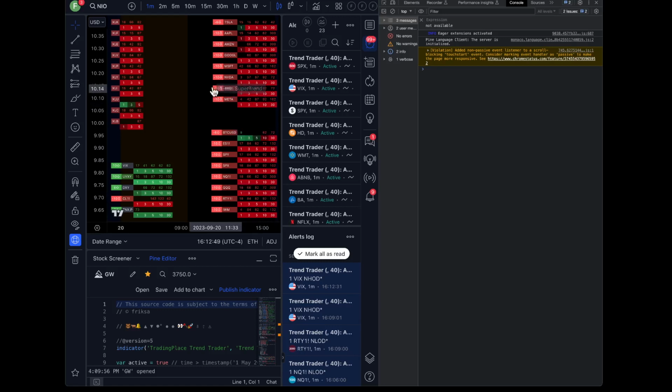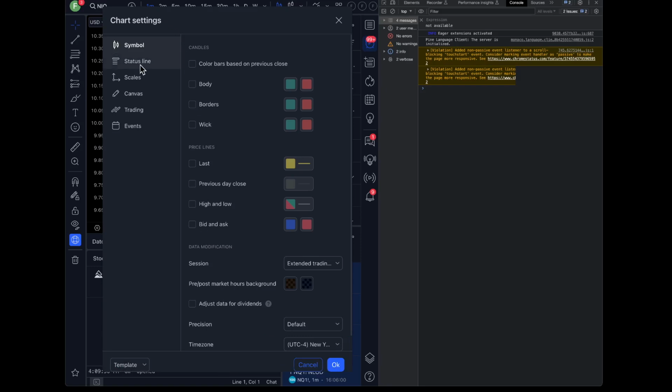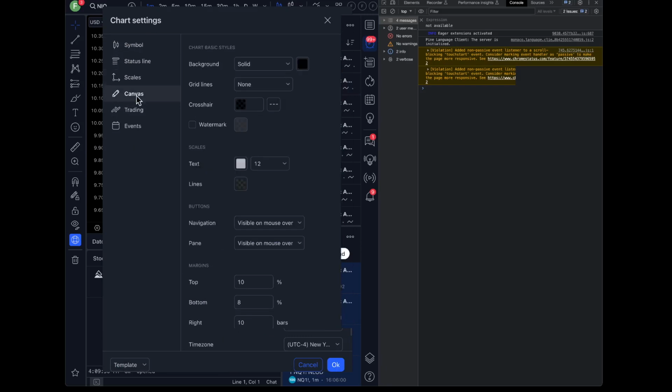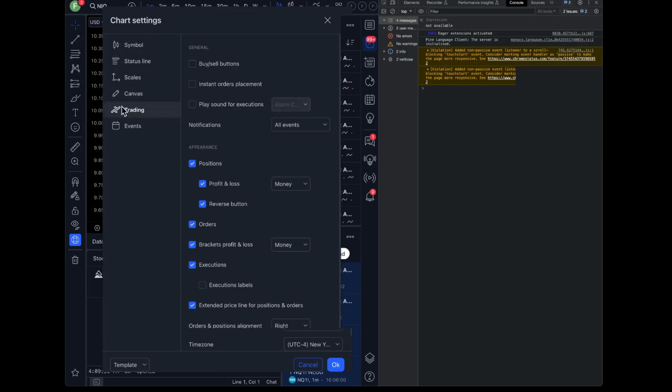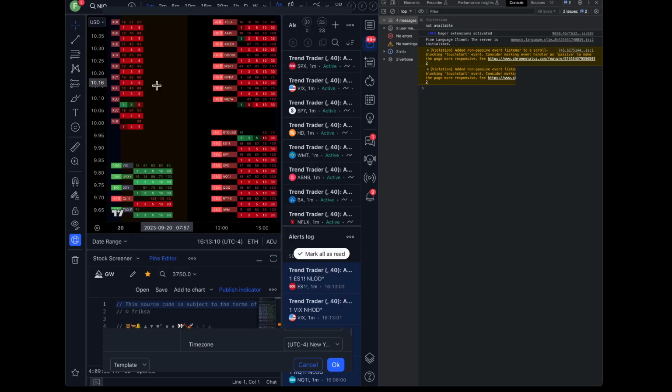And then I just go into my settings, and I just uncheck everything, so I just have the new chart open. When I uncheck everything, the chart does not come in the way, so I don't see anything.